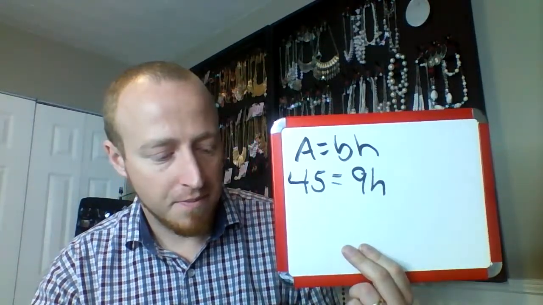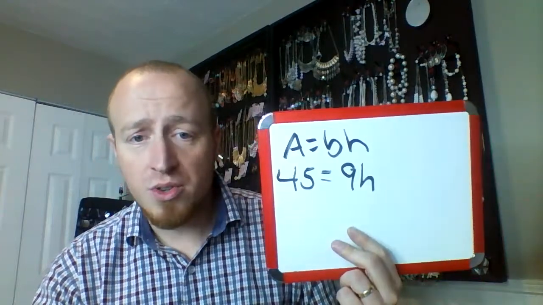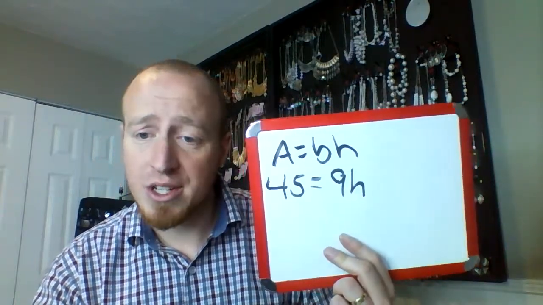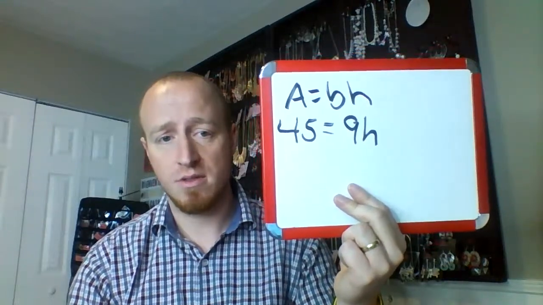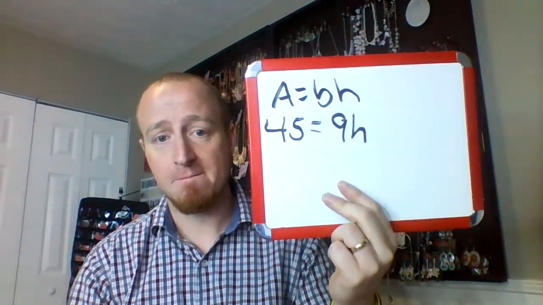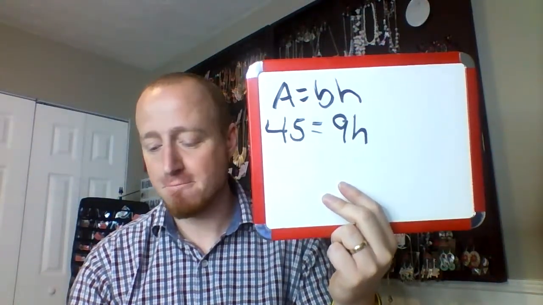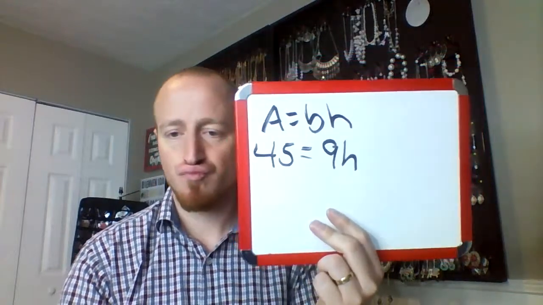All right. So what do you do with this multiplication equation? Somebody type it in. What am I supposed to do to solve, to figure out the height? Division, Jazz with the first answer.